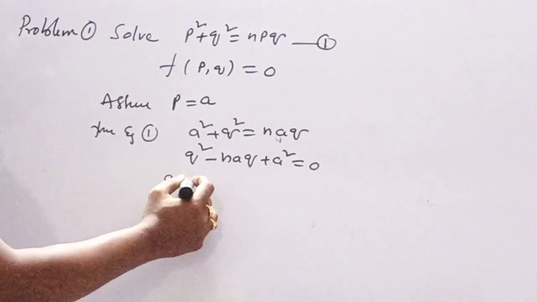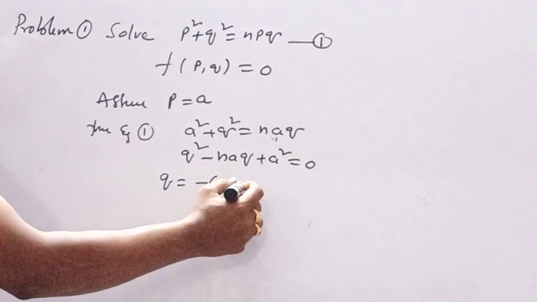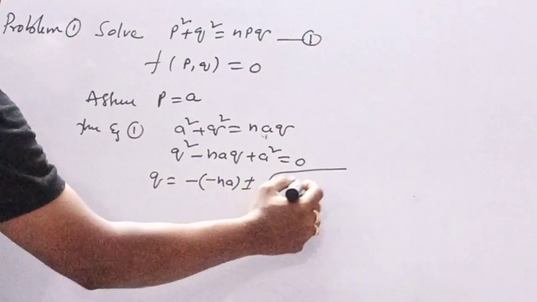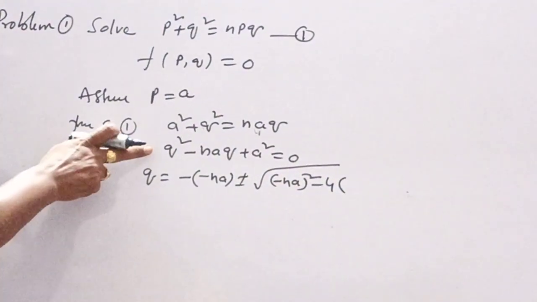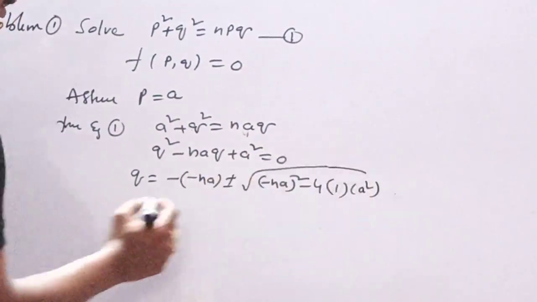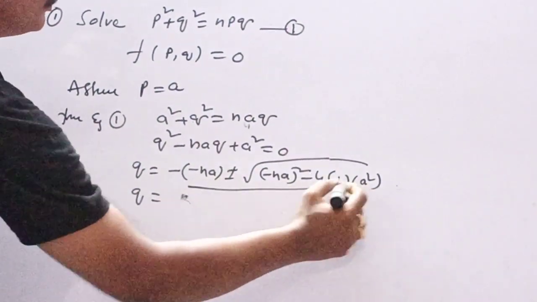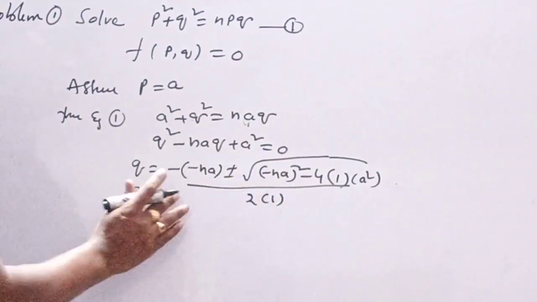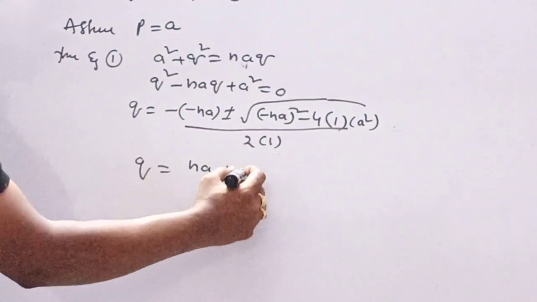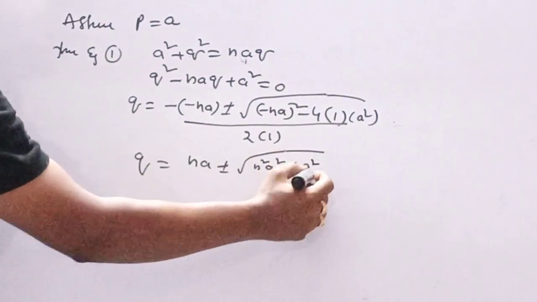So q = −b, that is the coefficient of q, which is −na, plus or minus the root of b squared, that is (−na)² − 4ac, where a is the coefficient of q², which is 1, and c is a². Then q = (na ± √(n²a² − 4a²))/2.